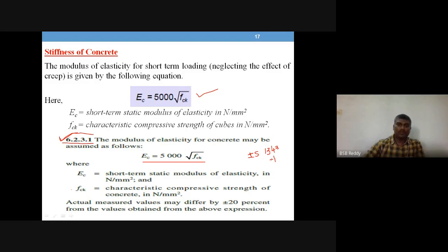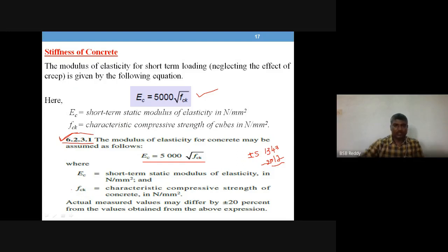It shall be the 2012 code. Okay, year 2012 you have to refer. Okay, so actual measured values you can even use an experiment for finding, as I said, secant modulus you have to estimate from the experimental result, may differ by plus or minus 20% from the value obtained from the above expression.